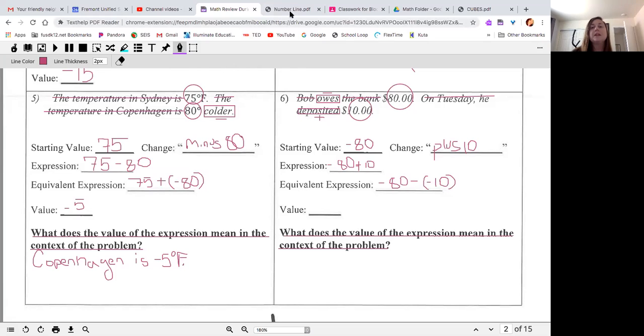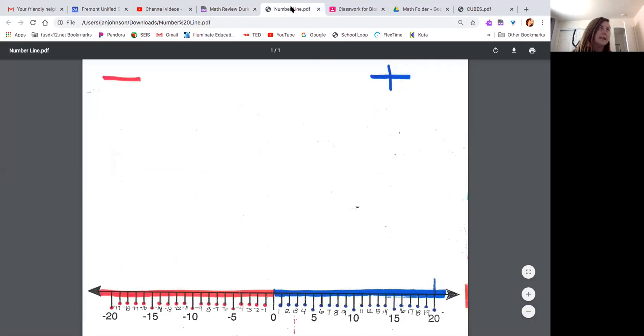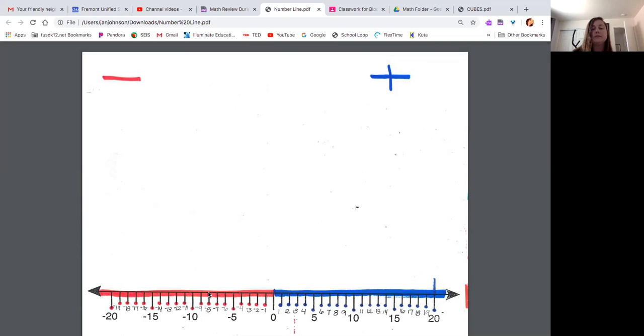Now, on my number line, it doesn't go all the way to 80. I know, but we can use a little trick. So I have negative 80, but I can do 8. Okay, so we'll just take the 0 off and put it back on later. So if we're borrowing from the tens, that would be 1.